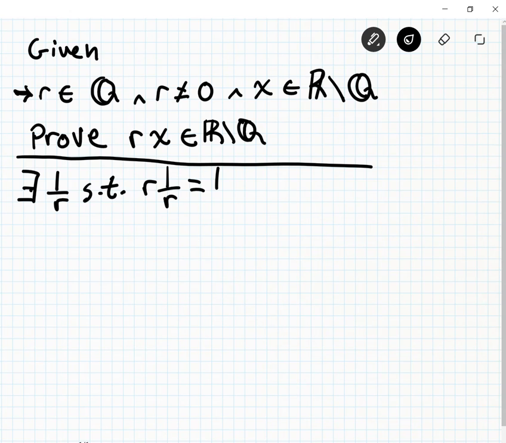Okay? And then we're going to say, if R times X is rational, then we're going to use a property of the rational field again, that this 1 over R is a number that belongs to the rationals.